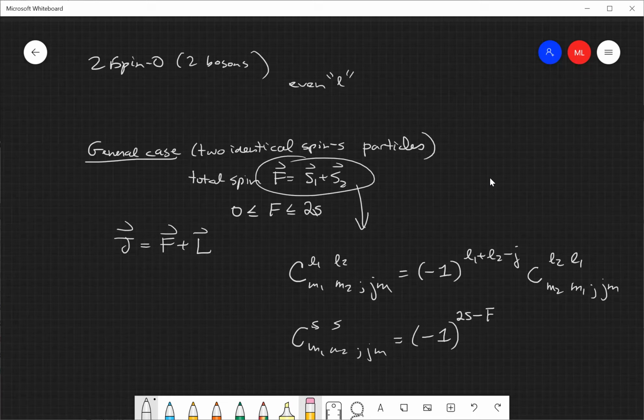So for our spin 1/2 guys, S is 1/2. So it'd be 1 minus the total spin, which is either 0 for the singlet or 1 for the triplet, right? So it's 1 minus 0 for the singlet, and we pick up a minus sign. Otherwise, we don't. And that makes sense because the singlet is the one that's antisymmetric, right? So this tells you what happens to the spin state under particle exchange.